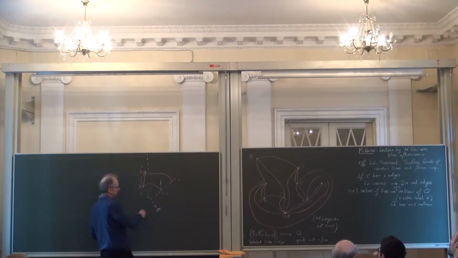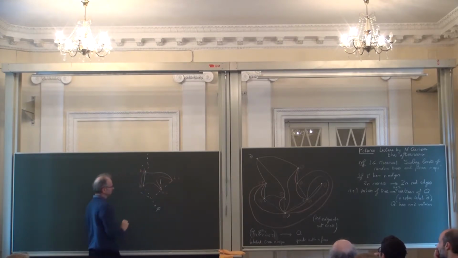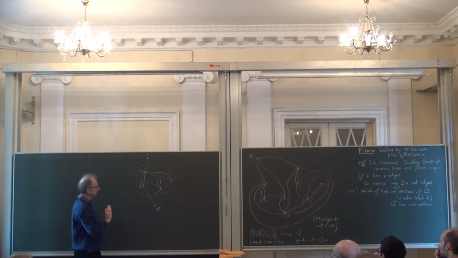I can also start an edge from this corner, and it will go to the next k-2. If you think a little bit, the next k-2 has to be this one. It cannot be another vertex before, because this would contradict the fact that this one here was the first k-2 after this one. So it has to go to this one here. And you obtain a face of your quadrangulation, which contains this white edge.